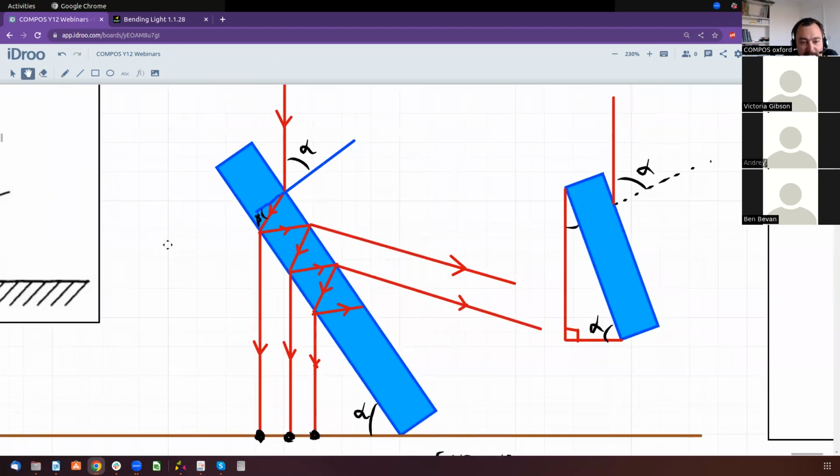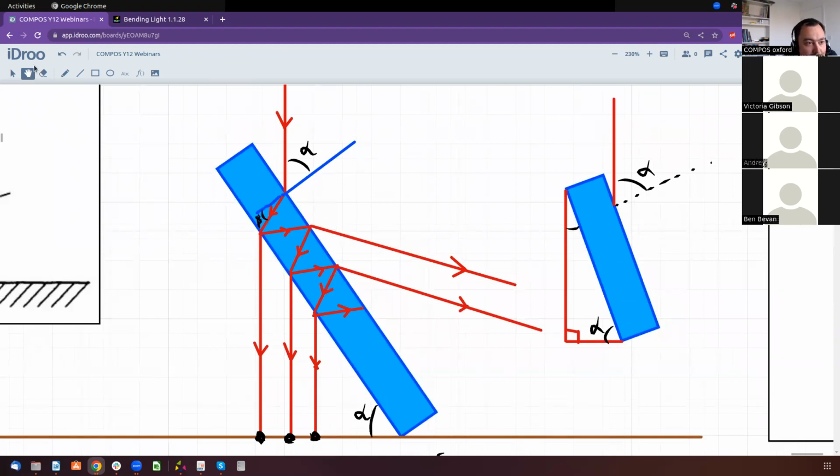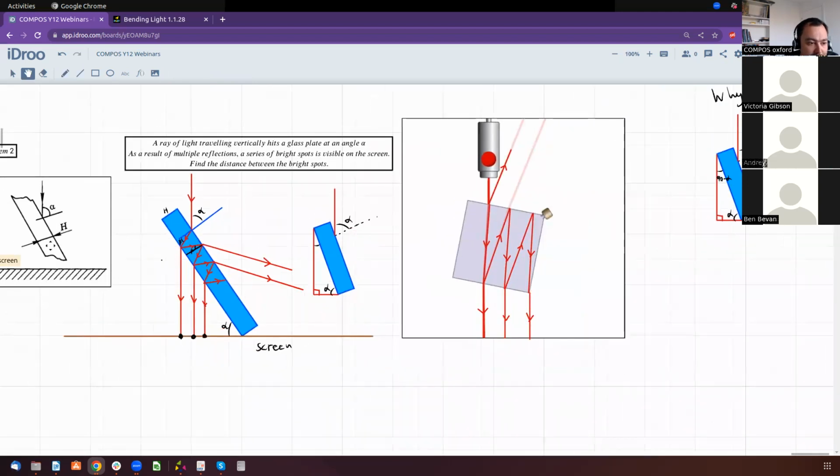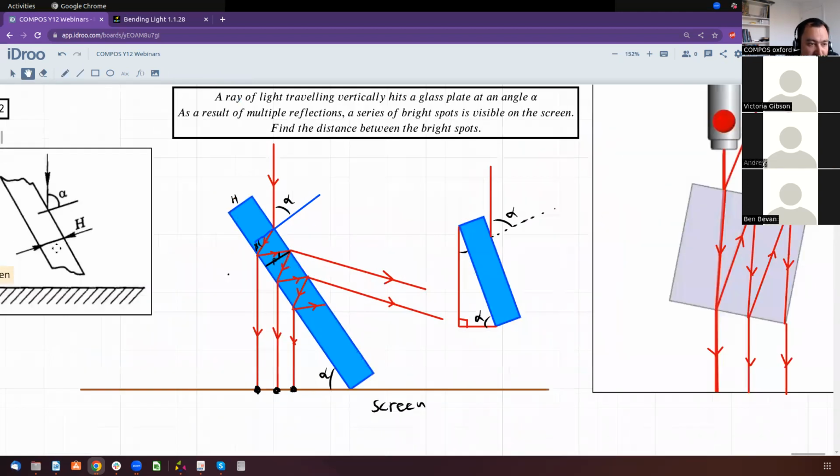Right. So if this is alpha, I draw a triangle like this. It's a different color. This is beta. And we know that the width of the plate is h. I don't know if I've mentioned that, but it is h. All right. Yes, it's in the diagram.